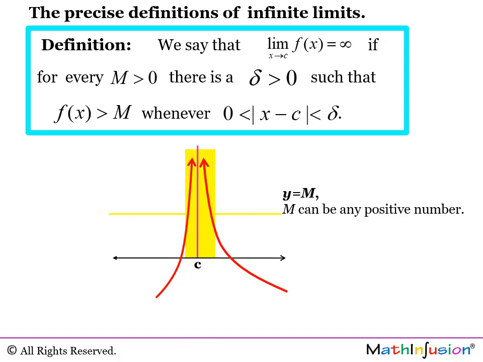If I shrink around x equals c, both sides, left and right, as we did before with finite limits, then as you can see, there is this y equals M, which can be any positive number, because I would like to recall we will find delta according to the given M, and as you can see, from some point, all the values of the function are more than M.